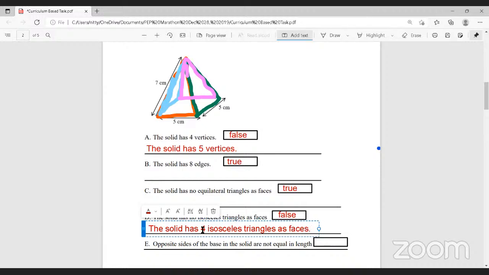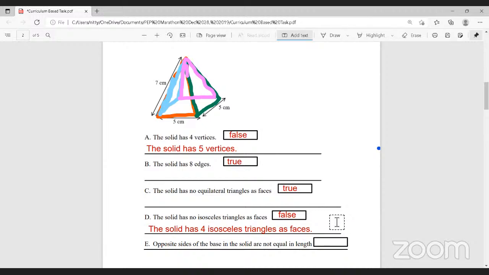And that is the correct statement. So I hope that is what you all have. The solid has 4 isosceles triangles as faces. That's the correct statement. Remember that the base is a square. So it has to be 4 triangles coming from each side of the square going to the top. So it has to be 4 triangles.